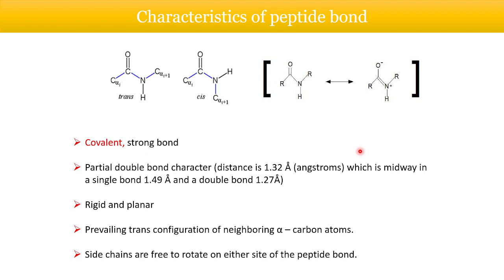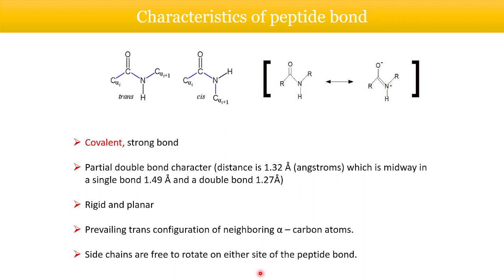And this peptide bond is rigid as well as planar, with the prevailing trans configuration of neighboring alpha carbon groups, and the side chains are free to rotate on either side of the peptide bond. So this is the backbone which is being created.